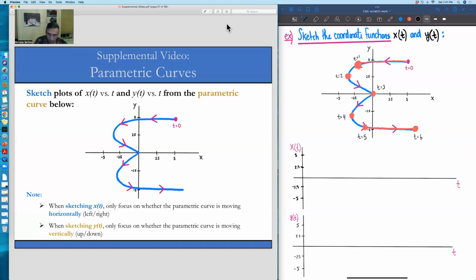So the idea is once we have those discretized points, we'll ask ourselves what's happening for each coordinate between those points and try to sketch that on the actual coordinate plots of X versus T and Y versus T below.